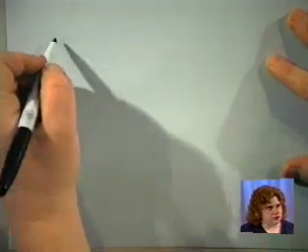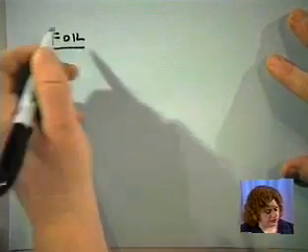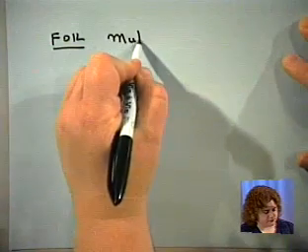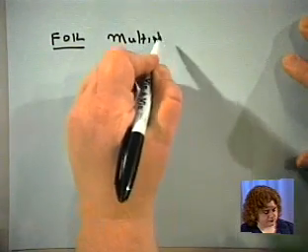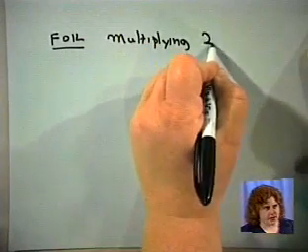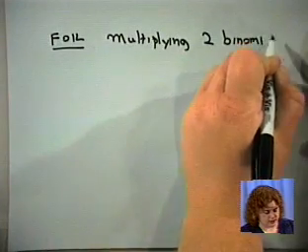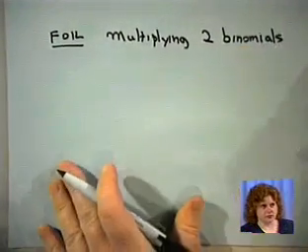FOIL is used and will work every time for multiplying two binomials. If you forget any other special pattern, you can always go back to FOIL and work it out. It will not fail you.